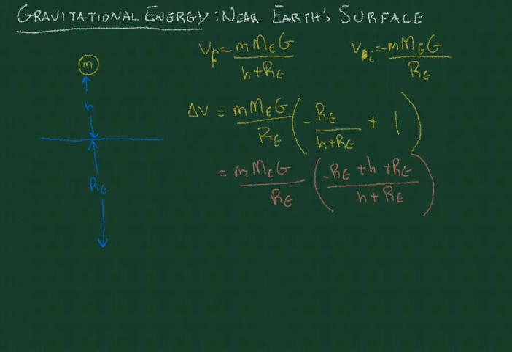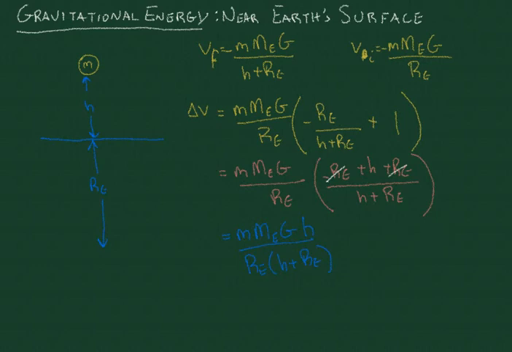And so these terms cancel, and so we have something that looks like the mass times the mass of the Earth, G, over the radius of the Earth, times h plus the radius of the Earth, and then times h.